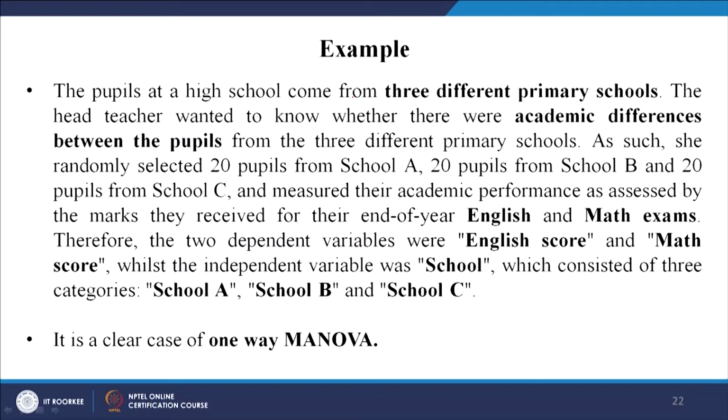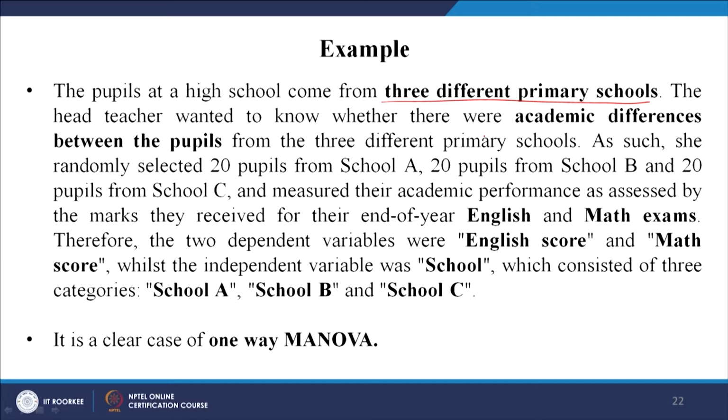So, this is an example. Let us read this example. Students at a high school come from 3 different primary schools. The head teacher wanted to know whether there were academic differences between the students from these 3 different primary schools.